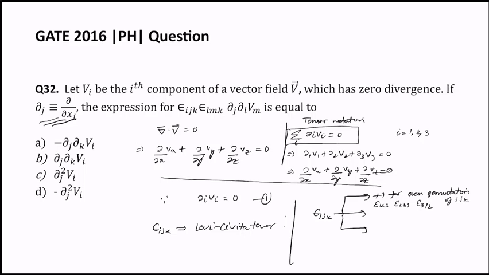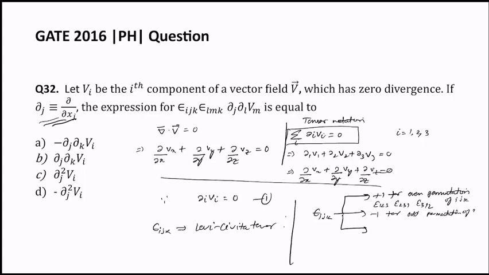So these are called the cyclic permutations. For all the cyclic permutations, the value is equal to 1, and it is minus 1 for an odd permutation or non-cyclic combination of ijk.